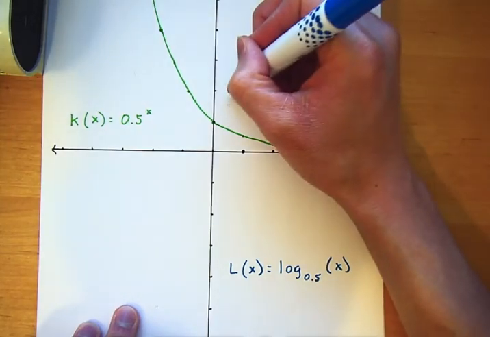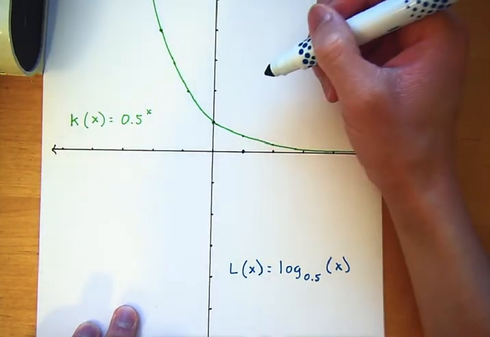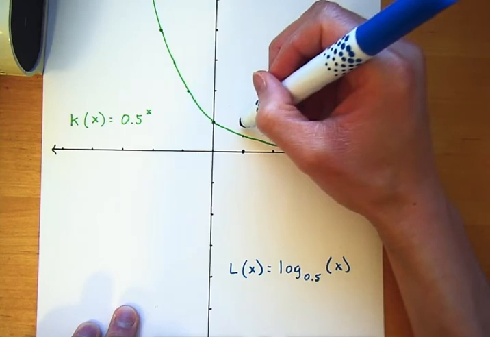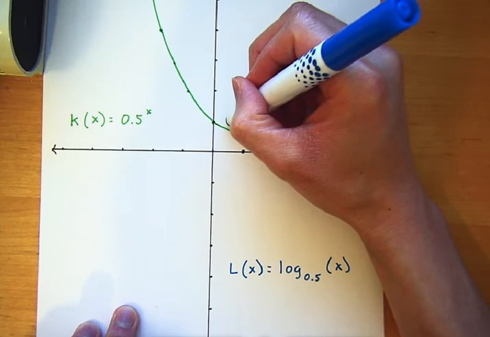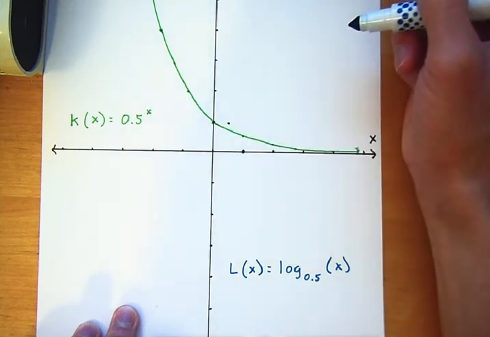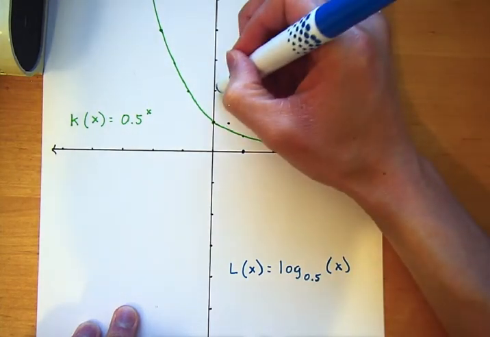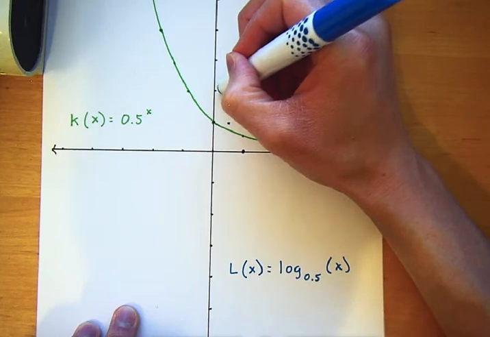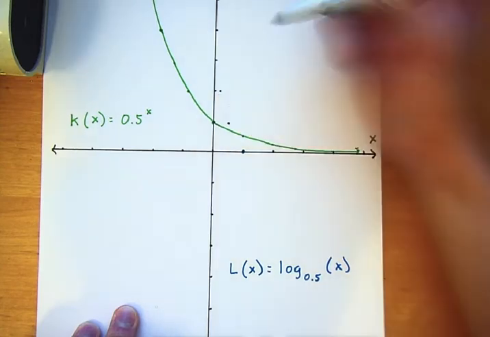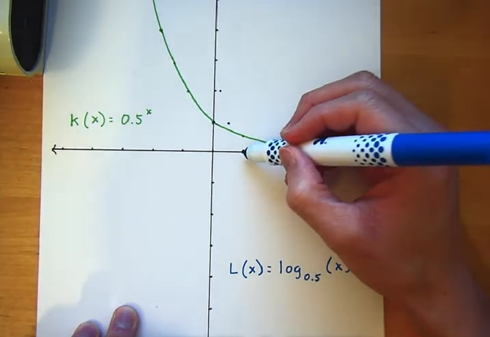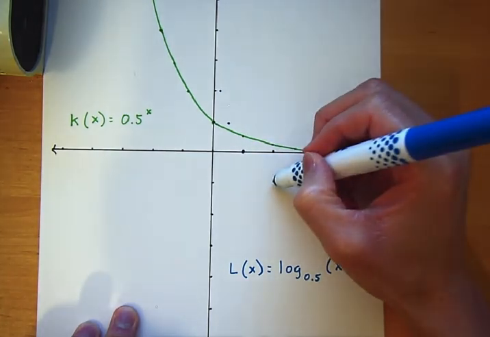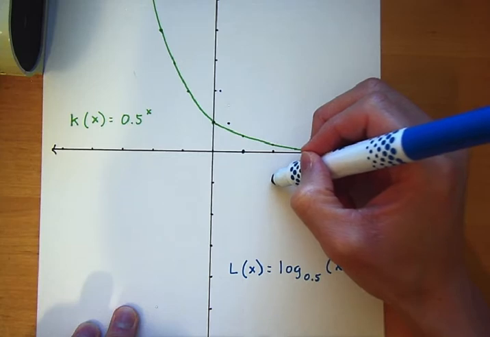Actually, I should probably do, when my y is equal to 1, my x is equal to 1/2. When my y equals 2, my x is equal to 1/4. When my y is equal to negative 1, my x is equal to 2.